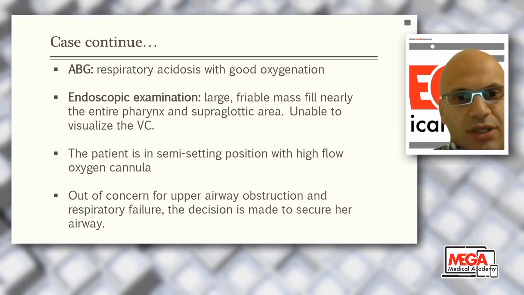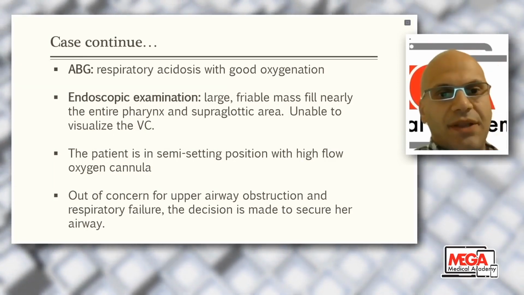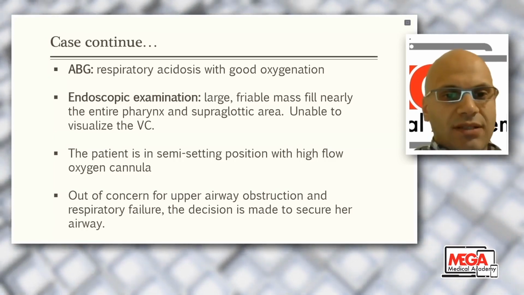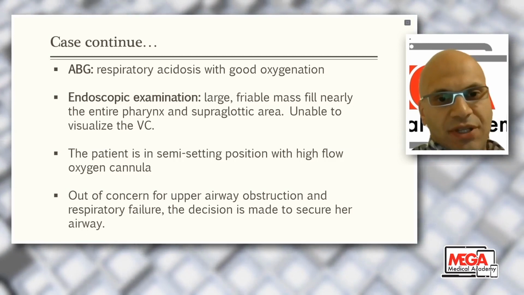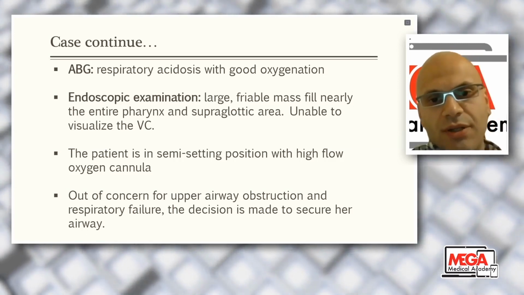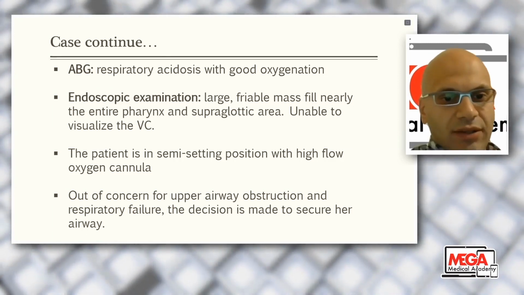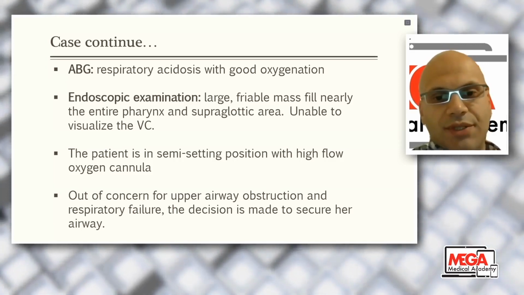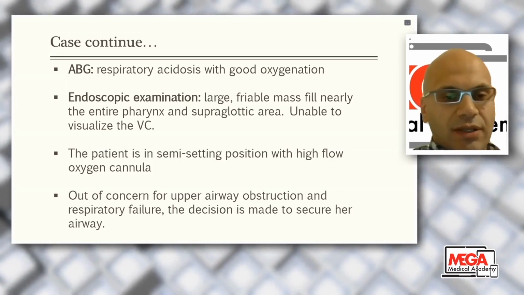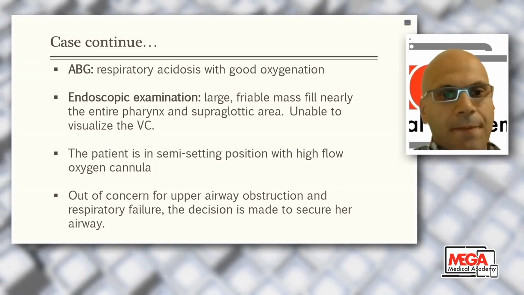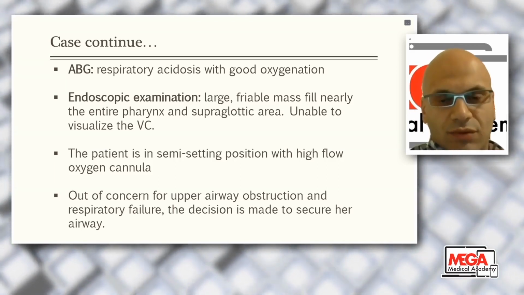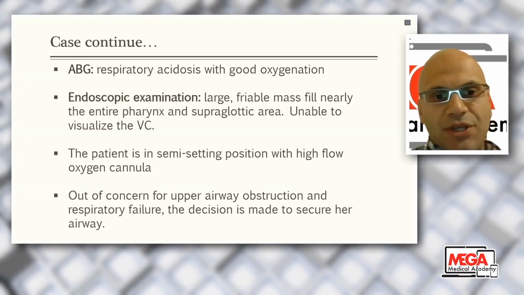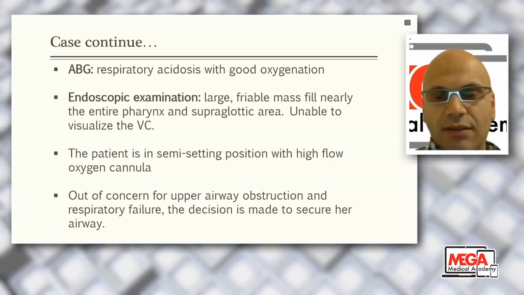Endoscopic examination revealed a large friable mass filling nearly the entire pharynx and supraglottic area, unable to visualize the vocal cord. The patient is in a semi-seated position, working hard, on a high flow oxygen cannula. Out of concern for upper airway obstruction and respiratory failure, you decided to secure her airway by intubation.